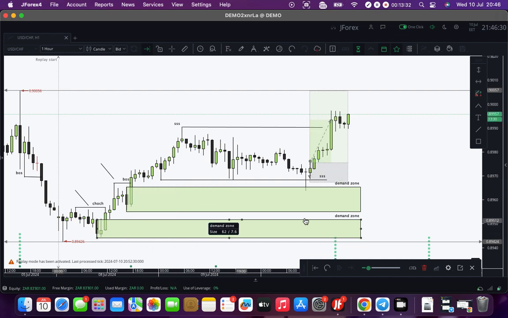That means the market was not interested in this demand zone, but the second one, because the volume was too big. You understand? So yeah, guys, that's how we trade from a demand zone.